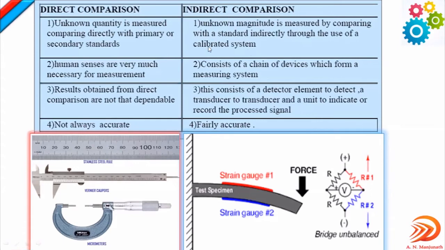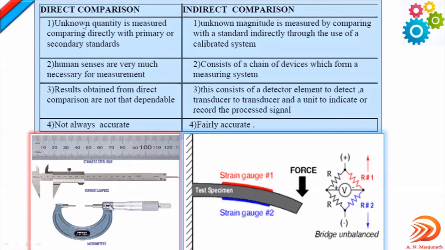There will be a calibrated system which consists of a chain of devices and elements. By comparing with those standards, you are able to do the measurement. Whereas in direct comparison, just a standard is enough to do the measurement.